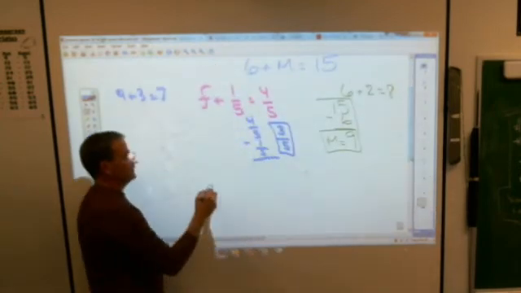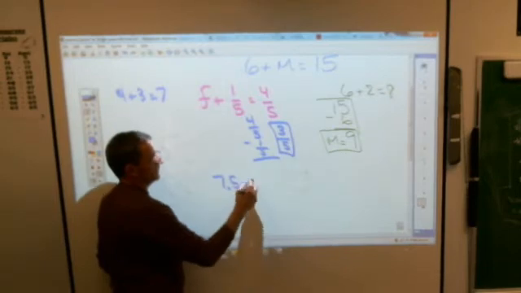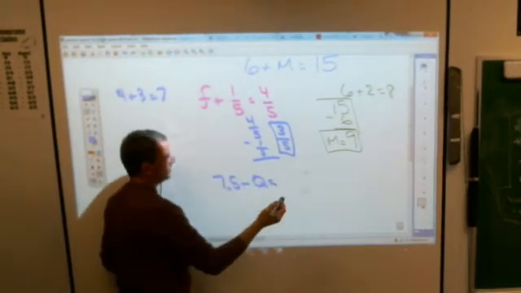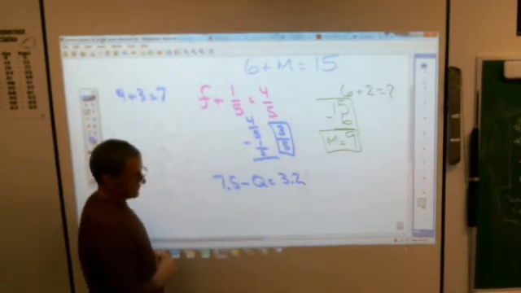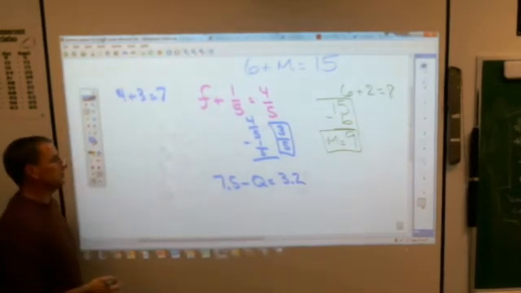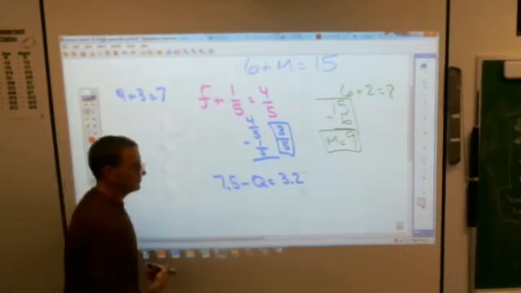So again, just like before, just because it's fractions, or it will also be decimals, they'll give you something like this, 7.5 minus q equals 3.2. You're going to want to figure out, most people understand they have to add or subtract. Some people just start subtracting because they see a subtraction sign, but is it adding or is it subtracting? I don't know.